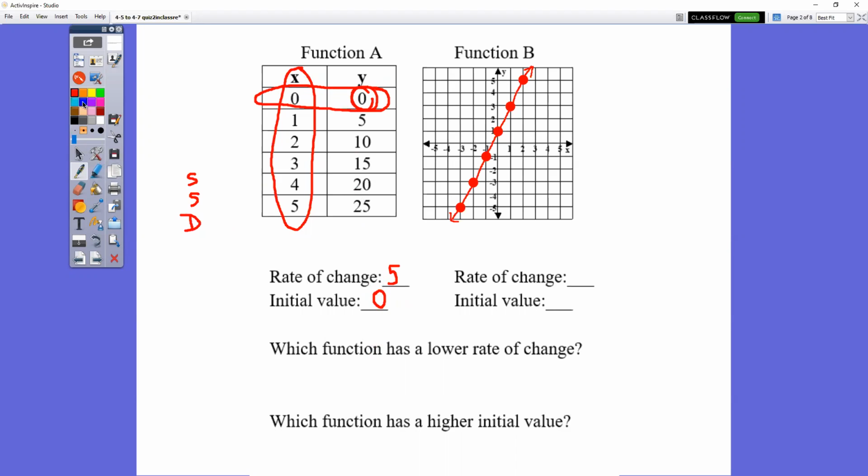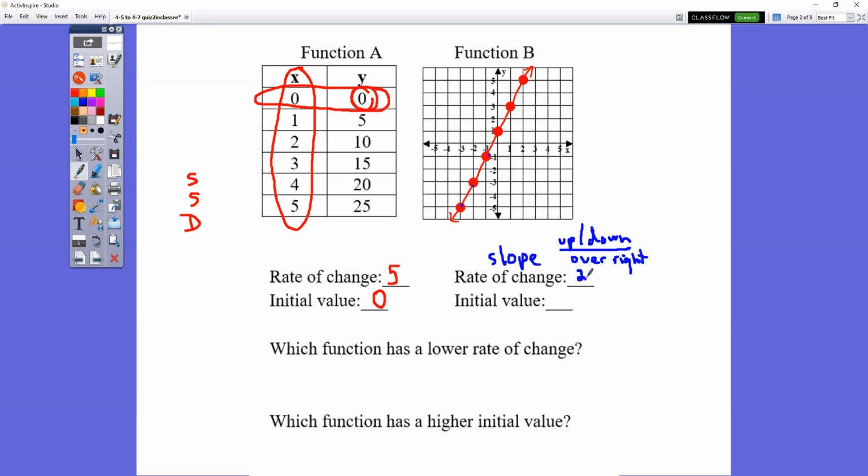In function B, what we're looking at is the slope. Remember, your slope is your rate of change. Slope is always written as a fraction: how many up or down, and then how many over to the right. So to get from dot to dot to dot, from left to right, we're going up 2 over 1, up 2 over 1.